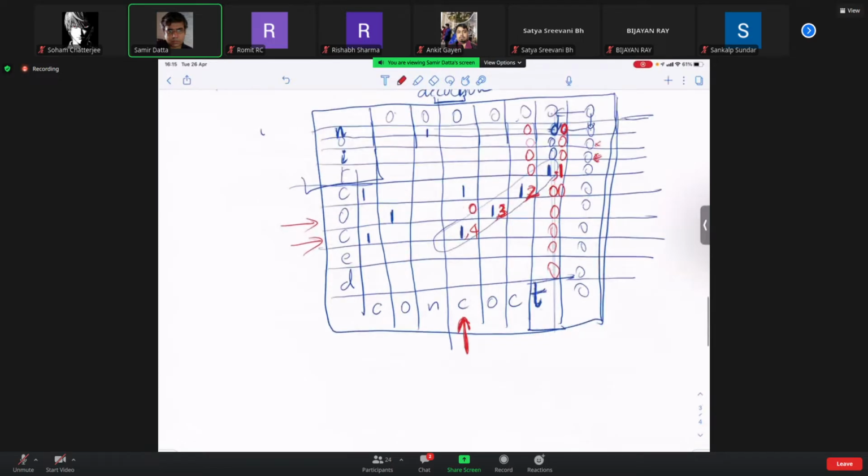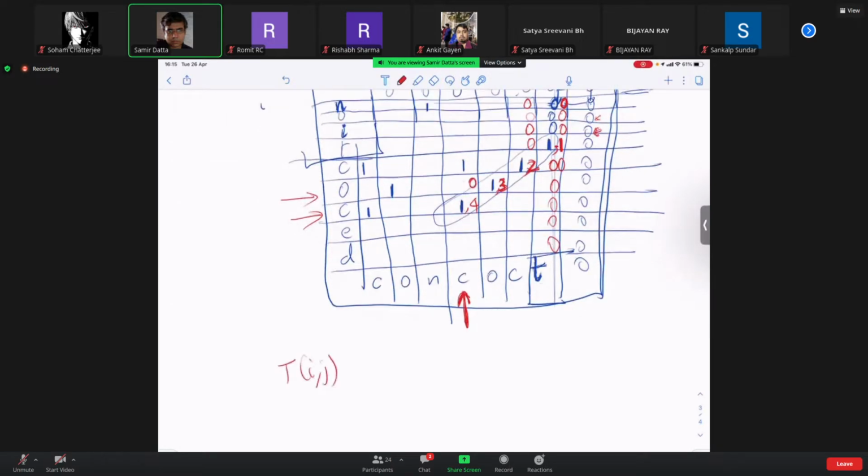So basically, what I'm saying is that T[i][j] is equal to T[i+1][j+1] plus 1 if whatever this array A[i][j] is equal to 1, and is 0 otherwise. Correct? Do you agree with me? Yes, sir.